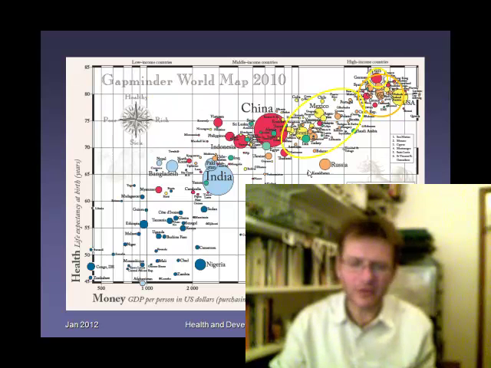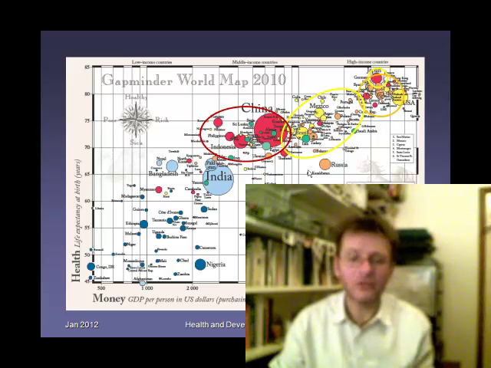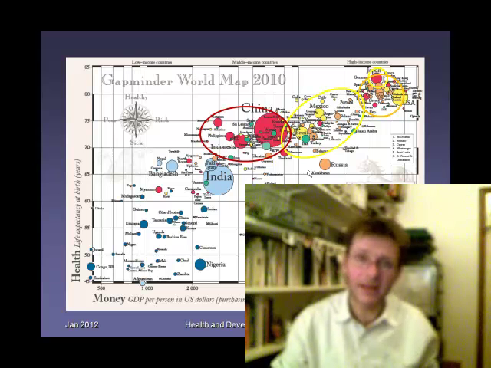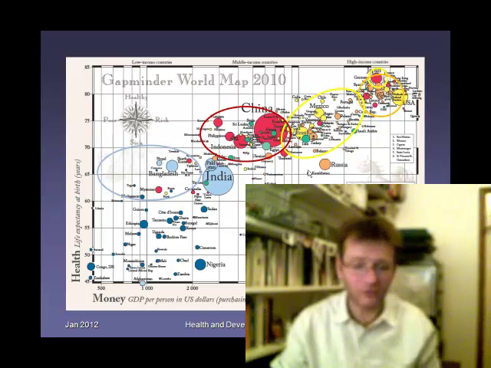A second group of countries, Latin America and Eastern Europe in particular, are also doing reasonably well, and their life expectancy has been improving over the last 30 to 40 years quite dramatically. A third group of countries is East Asia, China notably, also Indonesia, the Philippines. These countries are also doing well, and their life expectancy has been improving dramatically as their income levels start to rise.